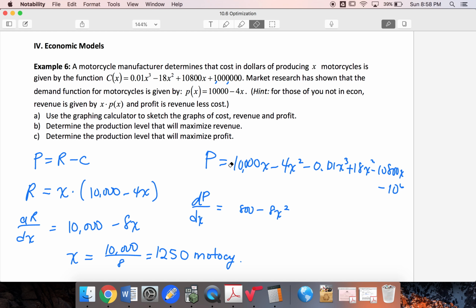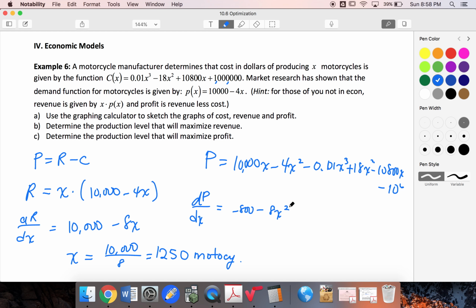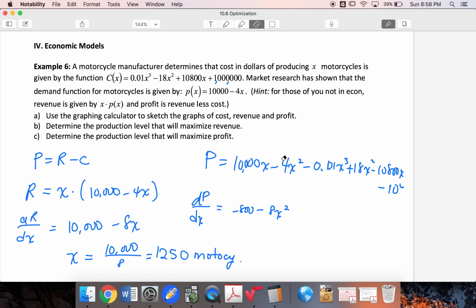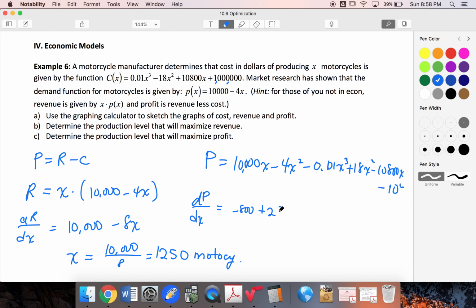So let me update that. Minus 8x squared. Again, I could have collected my like terms, so that would be 14x squared. So then that's going to be 28x, and then minus 0.03x squared. All right, so I think I did that correctly.